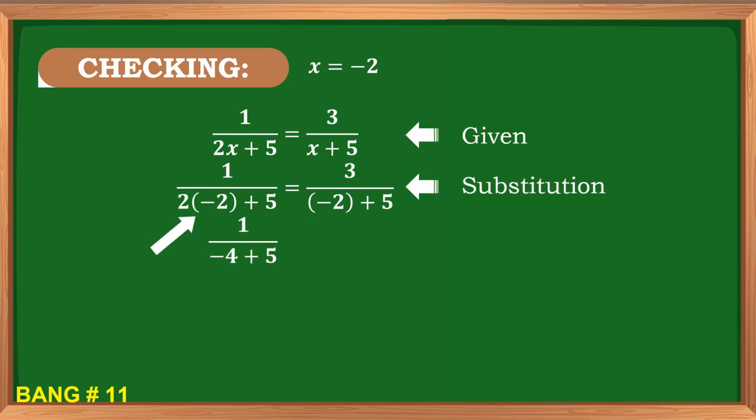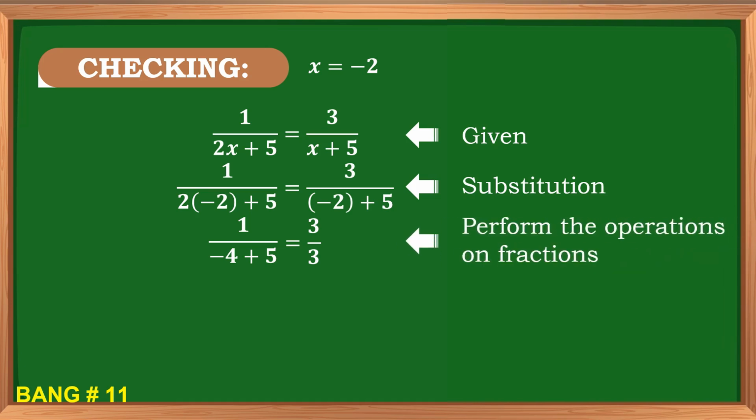So 2 times the quantity negative 2 will give you negative 4, and then negative 2 plus 5 is equal to 3. So 1 all over negative 4 plus 5 is equal to 3 over 3. And then we simplify.